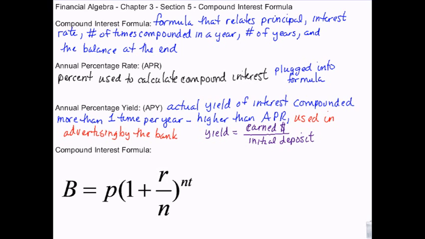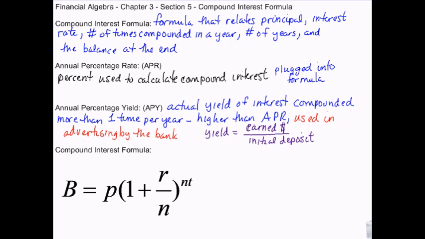Okay, but because it's not simple interest, if you're calculating it at 1%, it calculates at 1% now, and then it calculates at 1% again, and again, and again, and you actually earn more money. We talked about that with the compounding process. That's when you get your annual percentage yield. And the yield is the earned money divided by the initial deposit. And because it's compounded more than once per year, the yield will be higher than the rate.